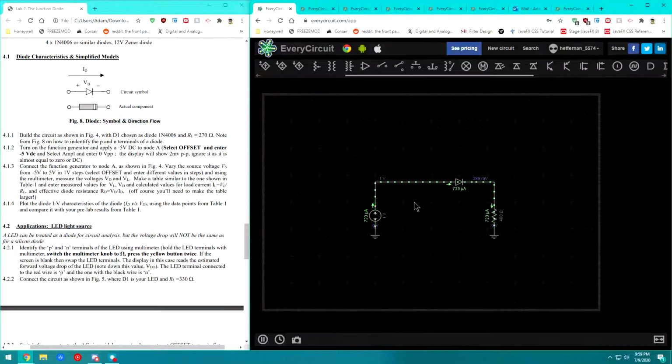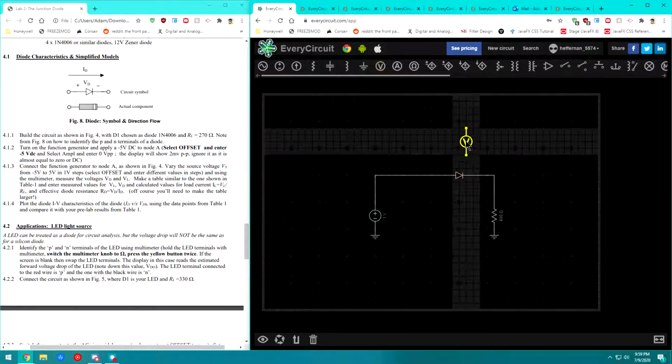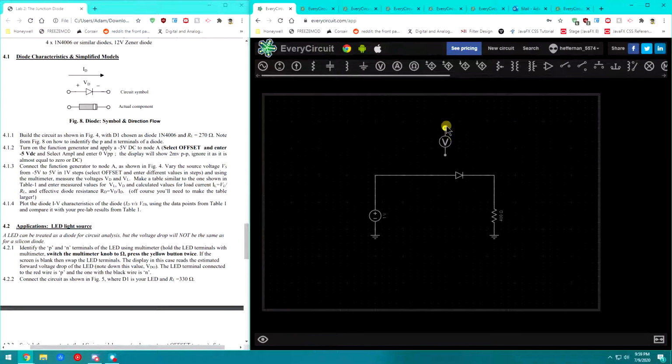Now that we're at 1 volt, we can see we have 723 microamps, and we can check out our voltage drops if we want by going in here and adding a voltmeter. So we can add a voltmeter here, and we can add a voltmeter across the 400 ohm resistor.